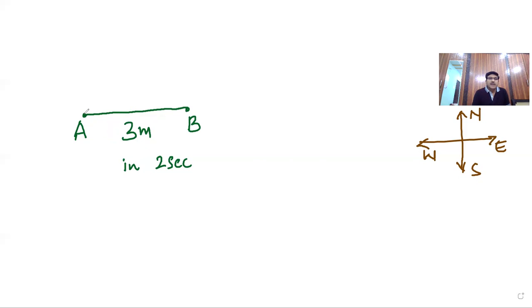Now, initially, the man is at A. He is walking towards east, rightwards, 3 meters, reaching point B in 2 seconds. Then, after reaching B, he is walking towards west, which is the left side.